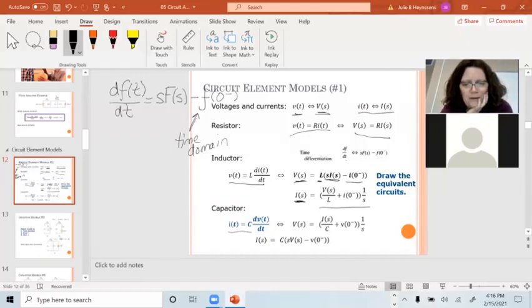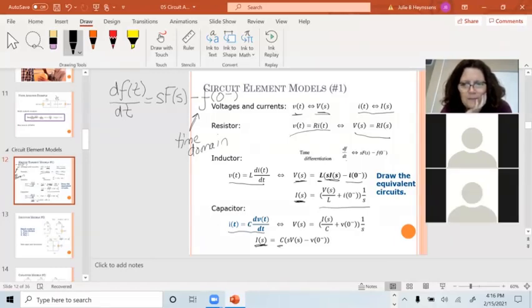I of t is C dV dt, which I started out doing this one. This is the one I actually did first. I of s would be C dV of t dt. I multiply by s, and then I have V of s in there.